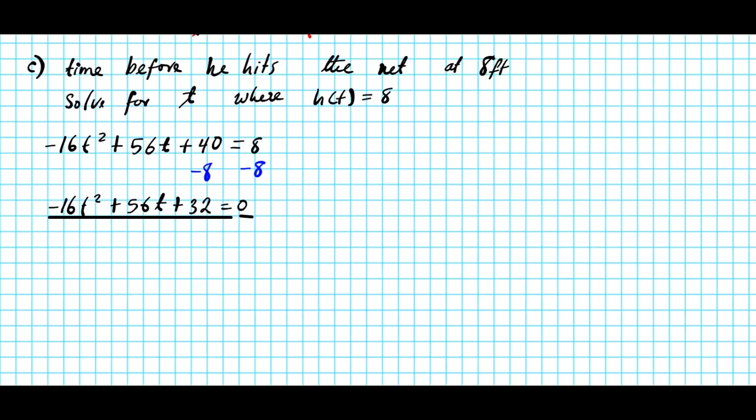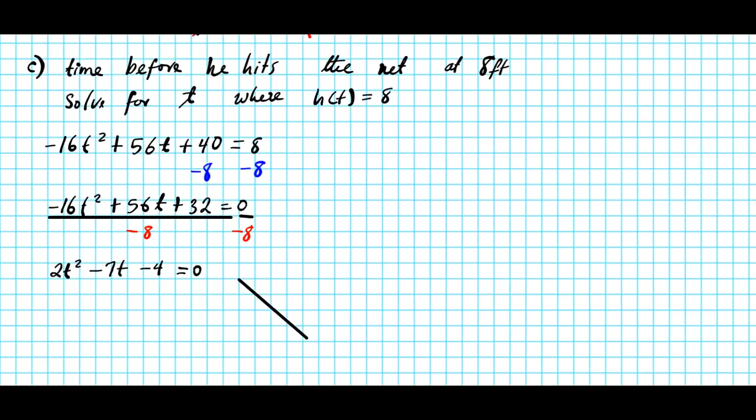So we're going to divide both sides of our equation by negative 8. And then we'll have the reduced quadratic 2t squared minus 7t minus 4 equals 0. Now I divided by negative because the a had a sign of negative, that's why I divided by negative 8.